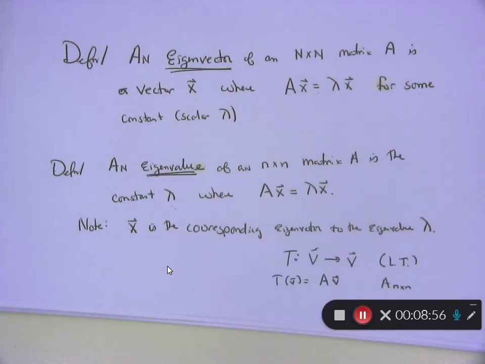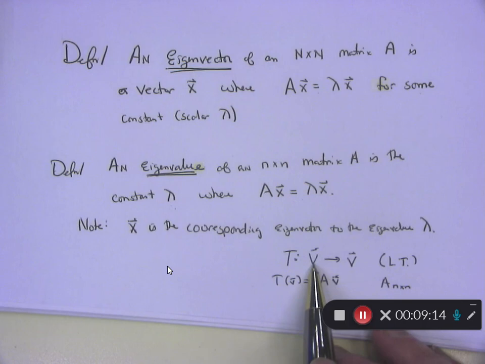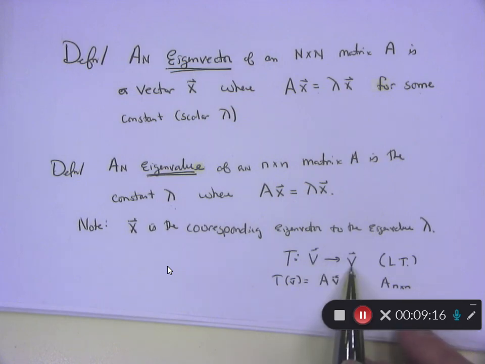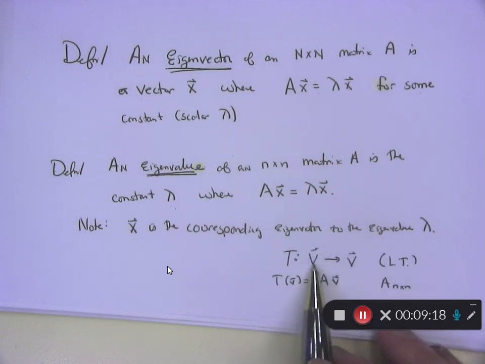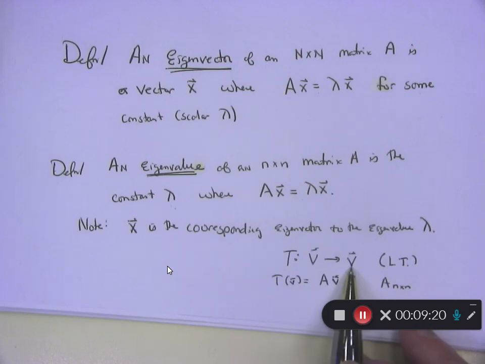If you remember, when we talked about linear transformations a few sections ago, any linear transformation can be written as a matrix multiplication. And because the matrix is going to be square, it takes the vector space right back into the same vector space. You take vectors from V and you map right back to more vectors of V.